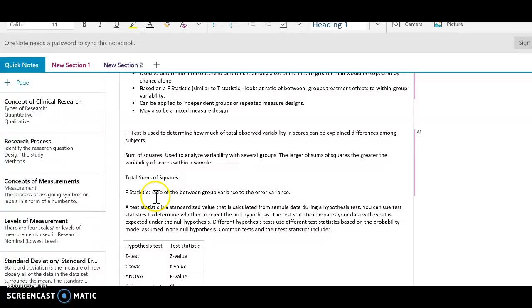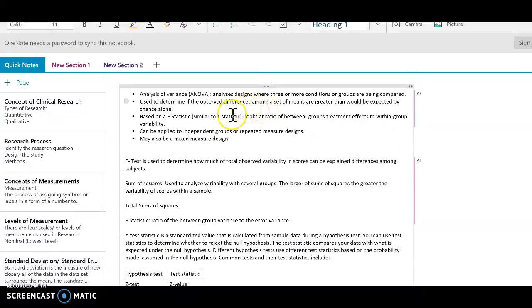The F statistic is the ratio of the between group variance to the error variance, and the F test is used to determine how much of the total observed variability in scores can be explained by differences among the subjects. So the F statistic is similar to the t statistic. You're looking at the ratio of between group treatment effects to within groups variability. Okay. It can also be applied to independent groups or repeated measure designs, which, as we know, this study does have, and it may also be, as we talked about, a mixed measure design.